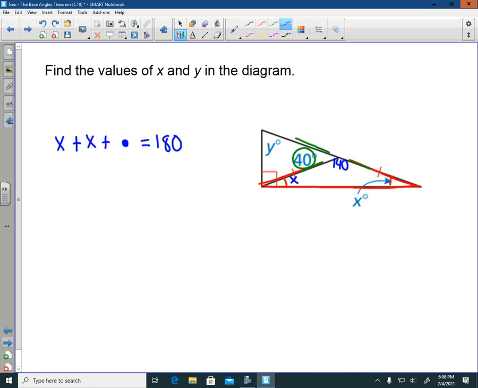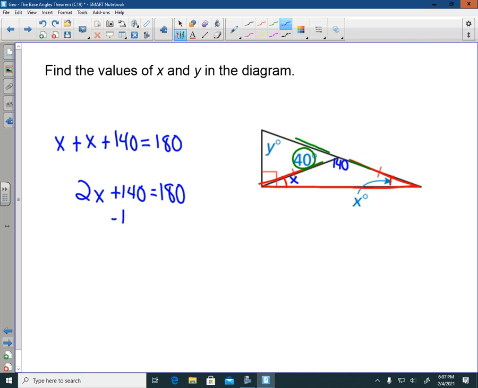Those two have to add to 180, and now we can use our theorem and our logic to replace dot with 140. And now we can solve this equation, because x plus x is 2x, plus 140 equals 180.